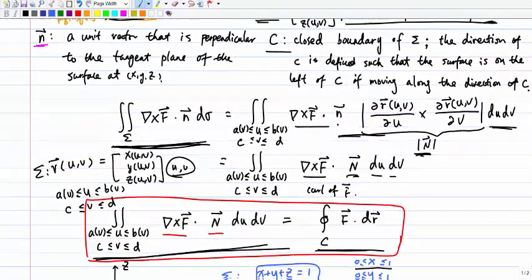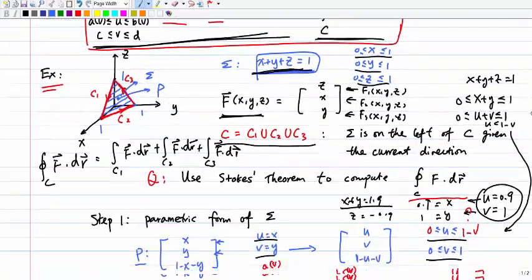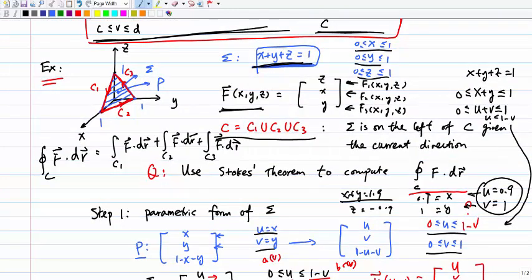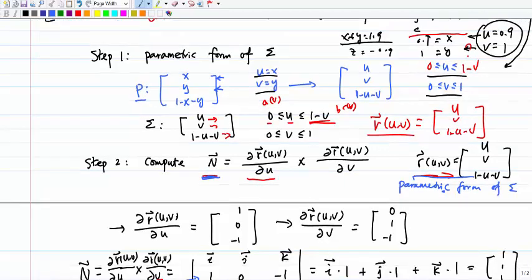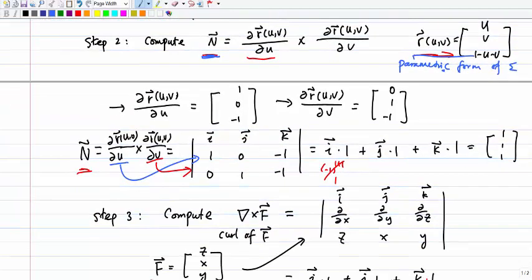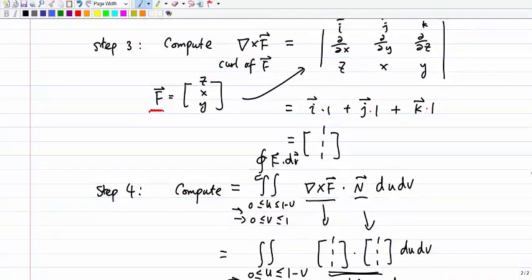The main steps are: first, find the parametric form of the surface sigma. Then compute the n vector, which is partial r over partial u cross partial r over partial v. Then figure out the curl of the given vector field f, and finally compute the double integral.